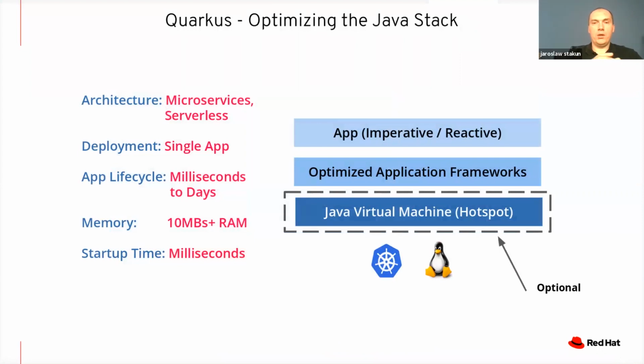So we want to have the possibility to create and build containers which run Java applications that can start very fast and will consume much fewer resources, especially RAM memory, than traditional Java applications.